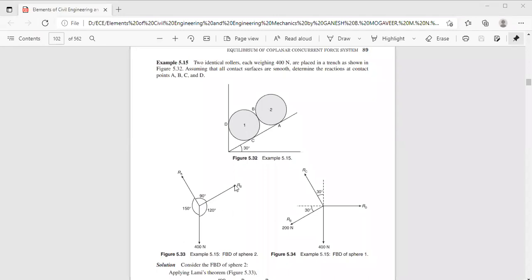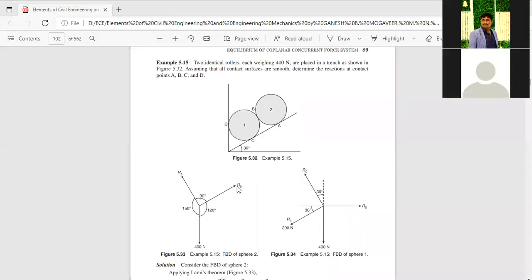So now you can call it RB, and this angle is 30 degree. So the remaining angle is 60. Again, if this is 60, the remaining angle is 30. So this whole angle is 90 degree. That is, the angle between RA and RB is 90 degree.